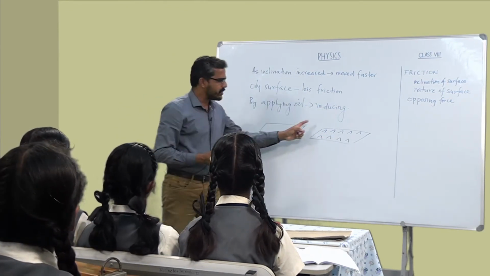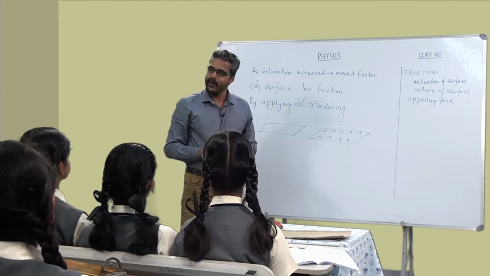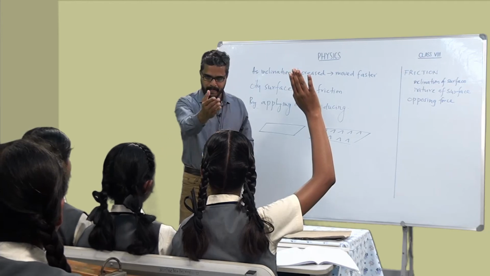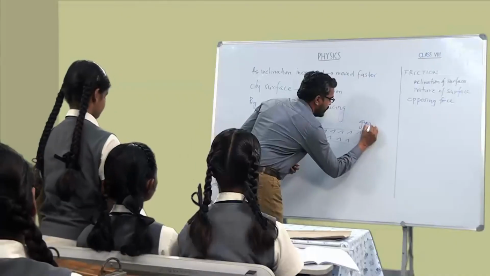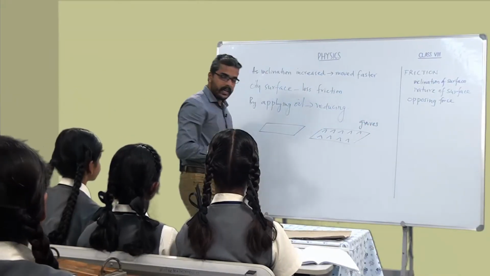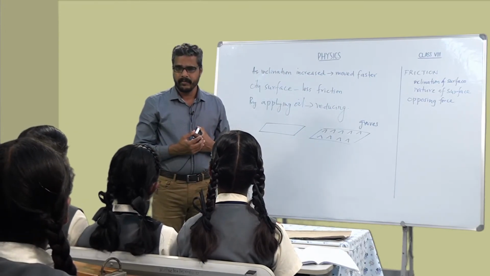Have you come across these kind of surfaces anywhere? Yes, sir. Where? Sir, in wheels of heavy vehicles. In wheels of heavy vehicles, you could see that there are, what will you call that? Yes, grooves, right? So if there are grooves on the surface, what does it indicate?